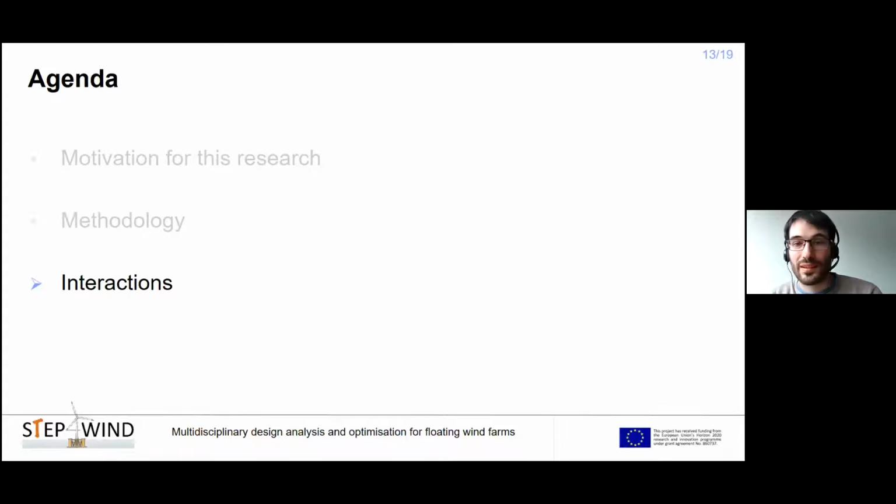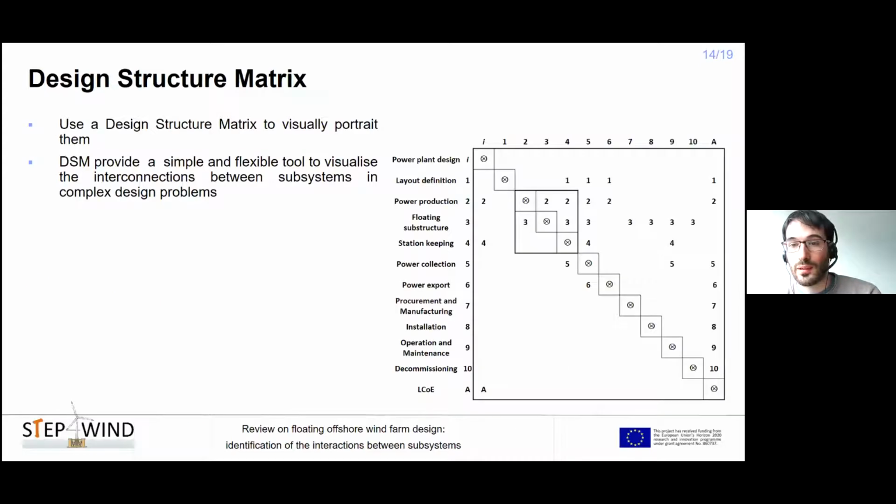So this leads us to the identification of these interactions that we portrayed using a design structure matrix. We opted for design structure matrices as they are a well-established systems engineering tool that provides a flexible and practical method to display relationships in complex systems such as floating wind farms.